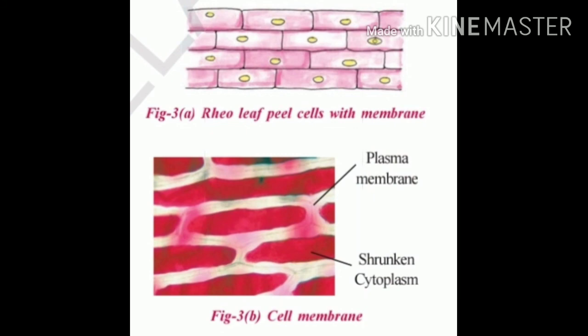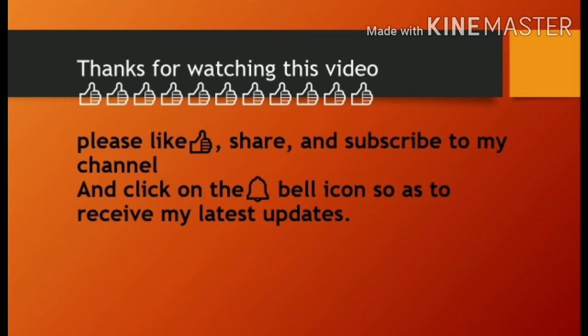Shrunken cytoplasm is labeled there, and the outer boundary of the colored area, which is actually the cell membrane or plasma membrane, became separated from the cell wall. However, when you observe all this under the electron microscope, then you can get a clear idea about what the cell membrane is and its various constituents.